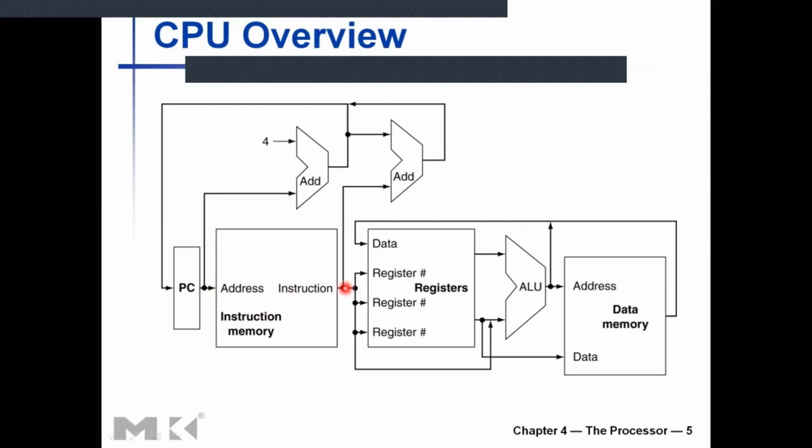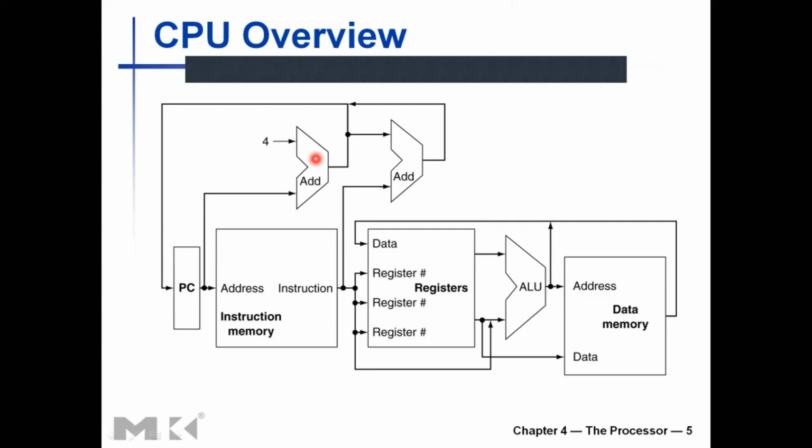Then at the end, you need to update the program counter at the end of the execution of this instruction. So the usual routine is adding 4 bytes to the current instruction's address. So you are going to the next instruction in the instruction memory by adding 4 bytes, right?